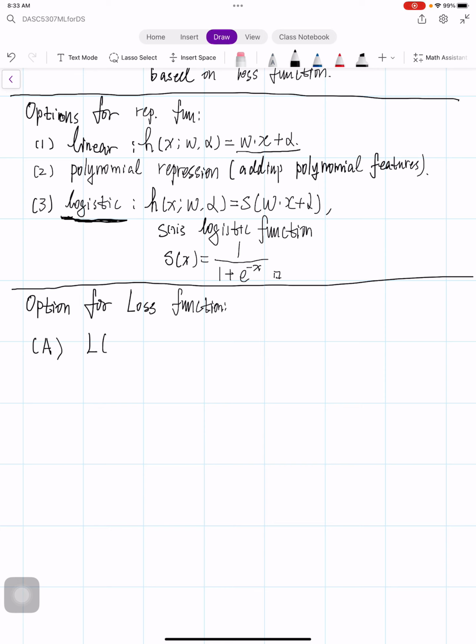Suppose y is the true value, and z is the predicted value. Okay, so this equals the difference between predicted and true. You give it a square. Okay, it's called a square loss.